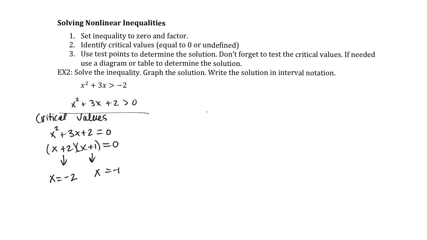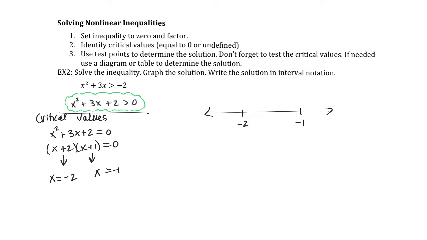Now what I'm going to do is figure out when my function is greater than 0. So here's my function, and when is it positive? This has a couple of different sections. We've got when x is -2, when x is -1, and so we want to think about those sections.